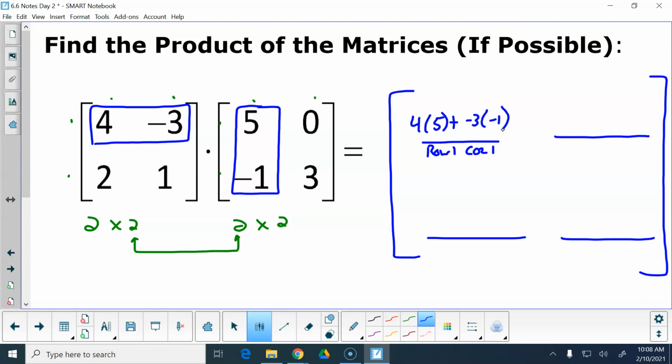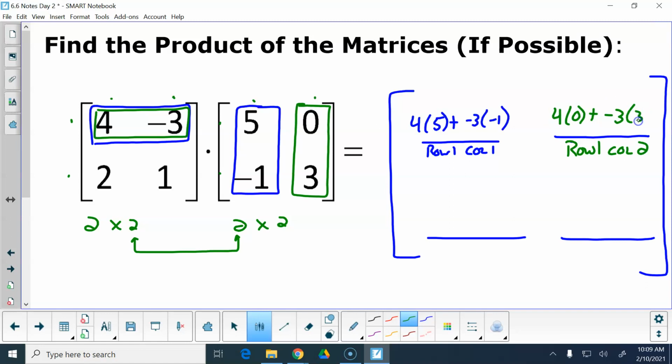Then I go to the next space, the next element. This is row 1, column 2. So I'm going to take row 1 and I'm going to multiply it by column 2. 4 times 0 plus negative 3 times 3.